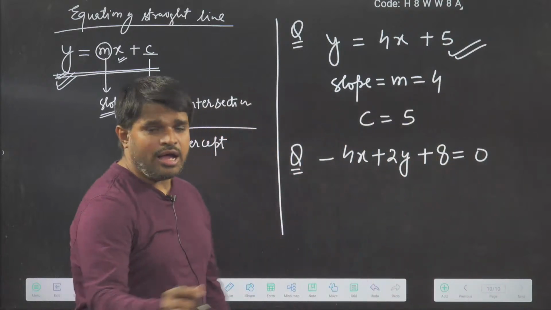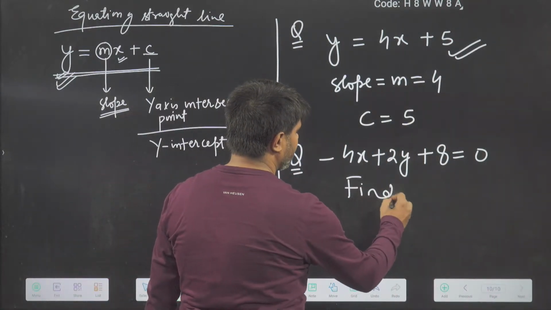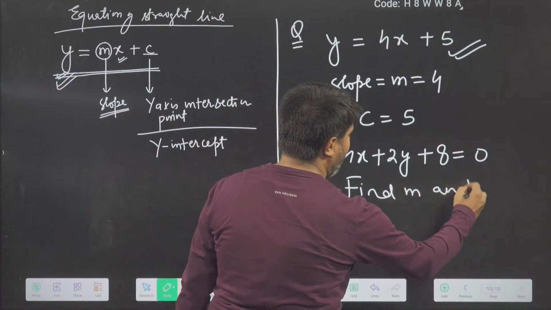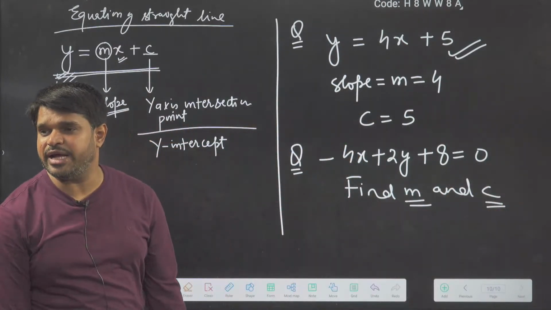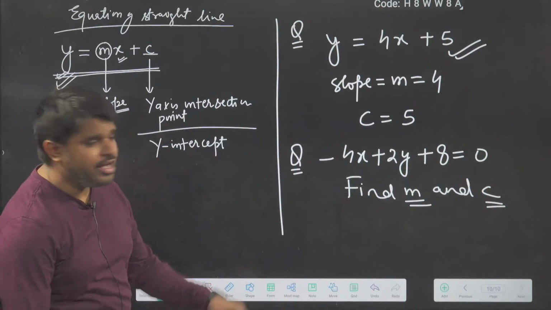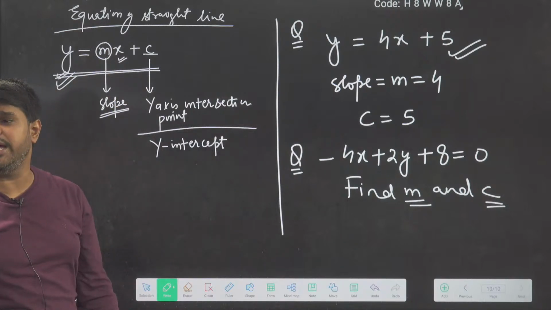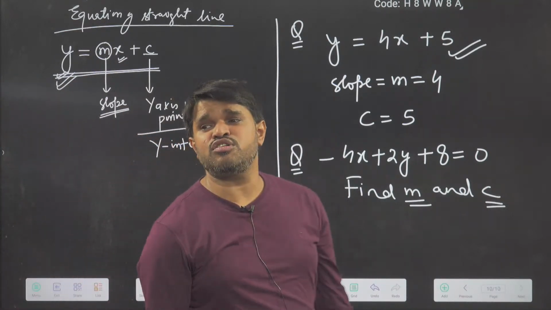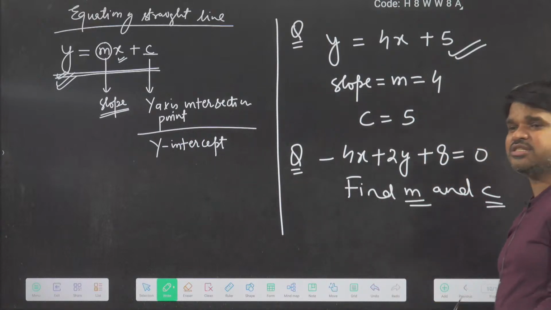Here the question is to find m and c. I want to find the value of m and c. The equation is not in y equals mx plus c form. So first of all, I will convert it into mx plus c form.